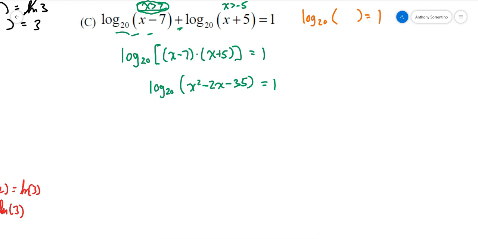I could have done this in the previous step, or combined steps, but now I can rewrite this as an exponential. 20 to the first power equals x squared minus 2x minus 35. I can subtract 20 from both sides, and I like having my stuff on the left, so I'm going to have x squared minus 2x minus 55 equaling 0.